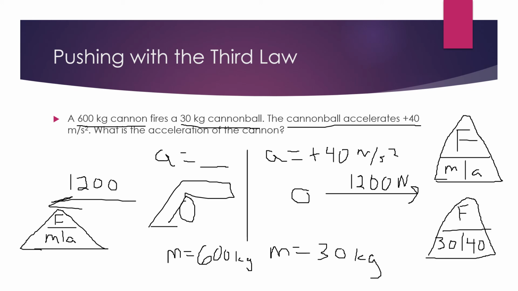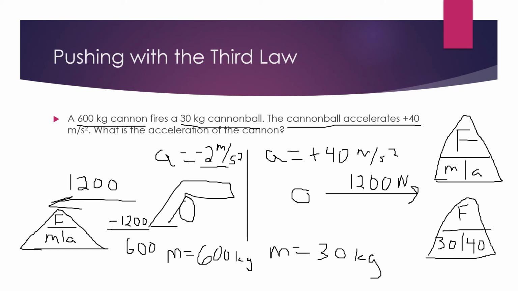I'm going to say 1200. Wait a minute. This 1200 is going left. That means it's negative. Divided by the mass of 600. Negative 1200 divided by 600 is negative 2 meters per second squared. Nice.